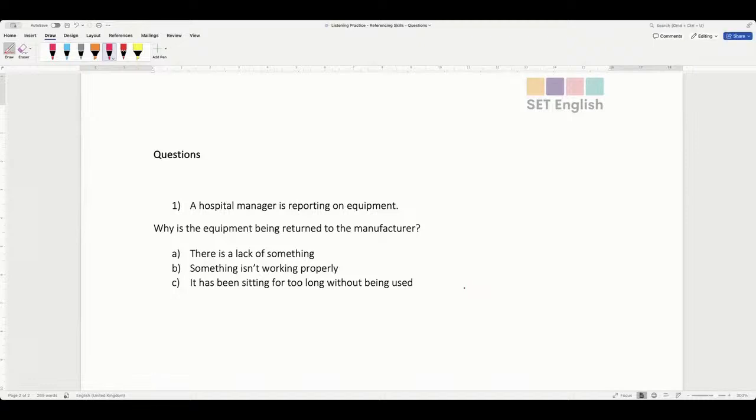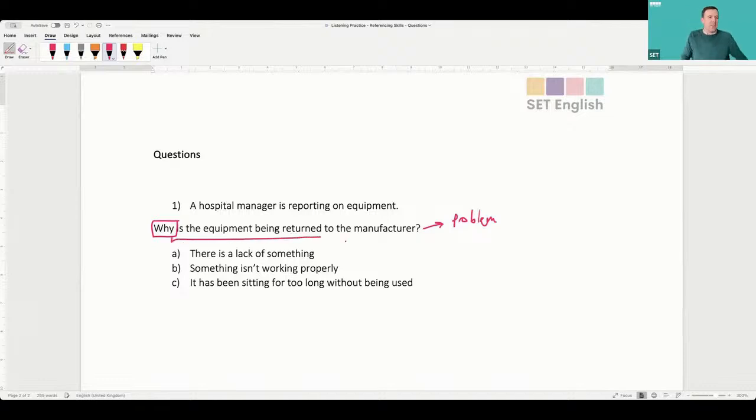I'm going to listen for why the equipment has been returned to the manufacturer. So for me, I'd simplify that: I'm listening for a problem. But you're also thinking, why is it being returned?